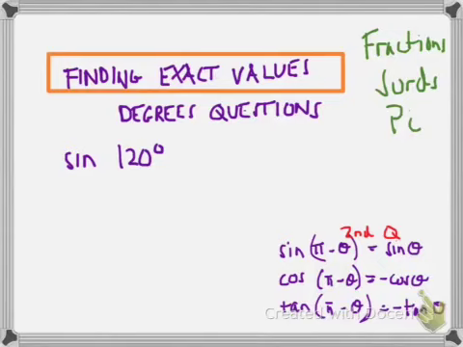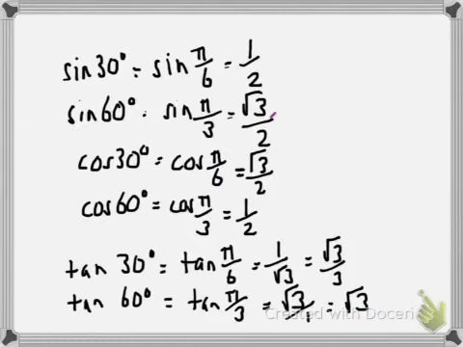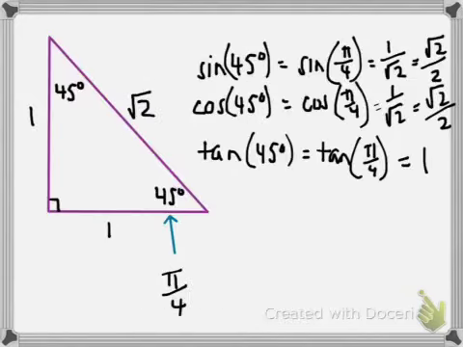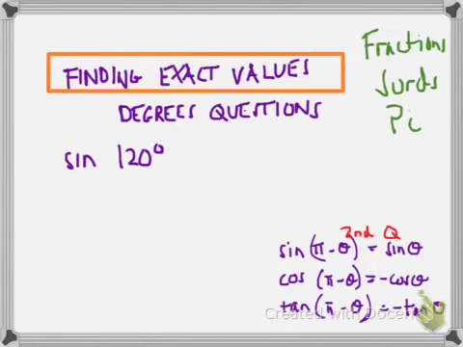These will involve these 30 degree, 60 degree, or pi on 3, pi on 6 rules, or the pi on 4 rules. So let's look at this first one. It's sine 120. If we look at our circle here, where does 120 fall?